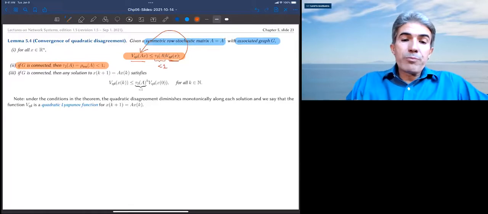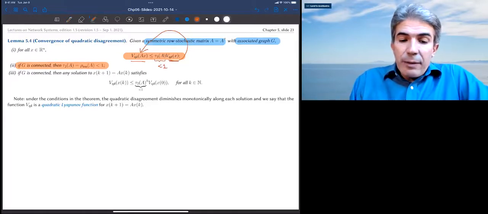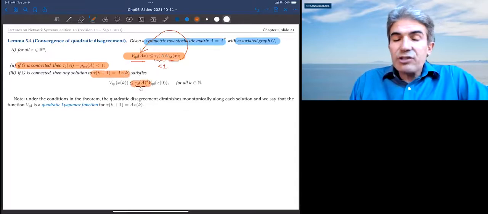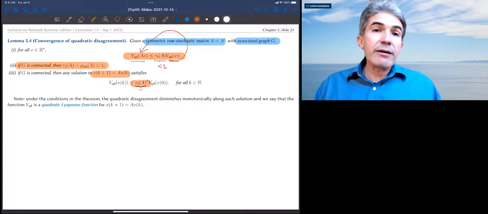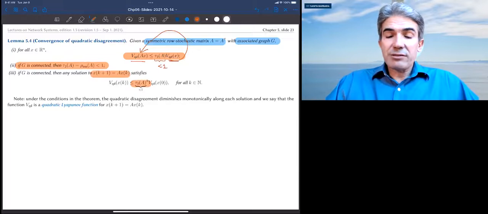And so now consequence 3 in this lemma is trivial. If you take multiple steps along the averaging algorithm, after k steps you have raised this number less than 1 to the power of k. Of course this is converging to 0 exponentially fast, right?